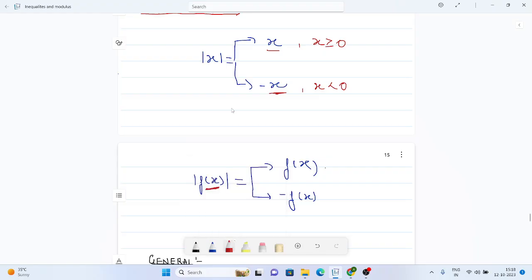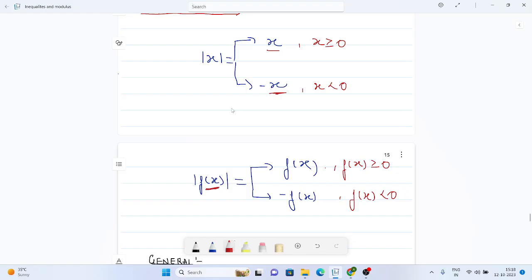What is the condition for this? fx is greater than or equal to 0. What is the condition for this? fx is less than 0. Okay, what I tell you, I will tell you later, when we go to the general way for the last question.